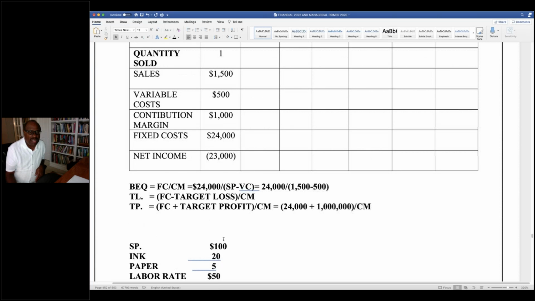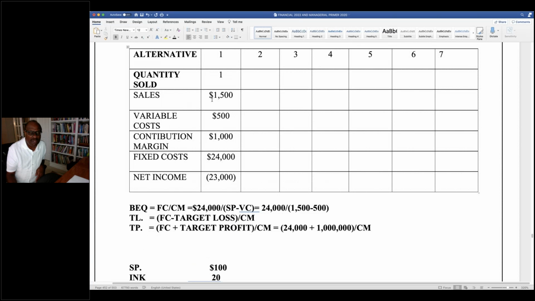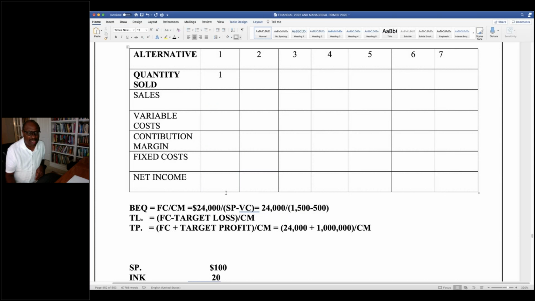So we're going to go up here. You are going to fill this out, similar to what you're going to do on your project. You're going to do it for one. Then you're going to calculate the quantity if you were to lose 100,000.